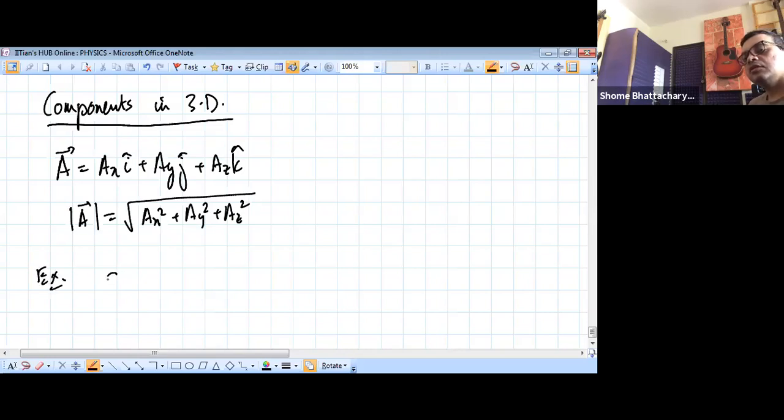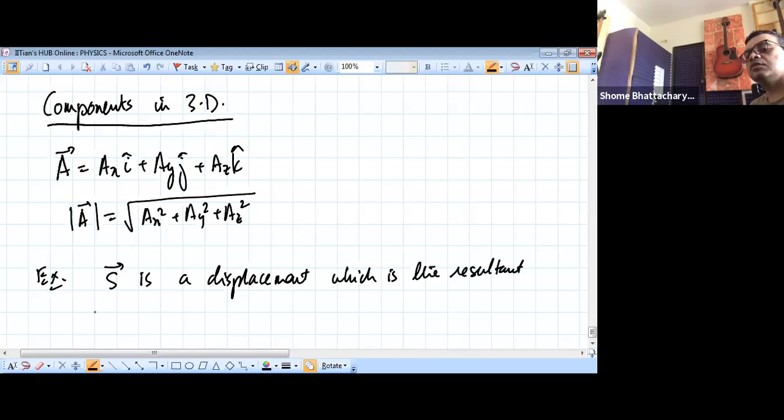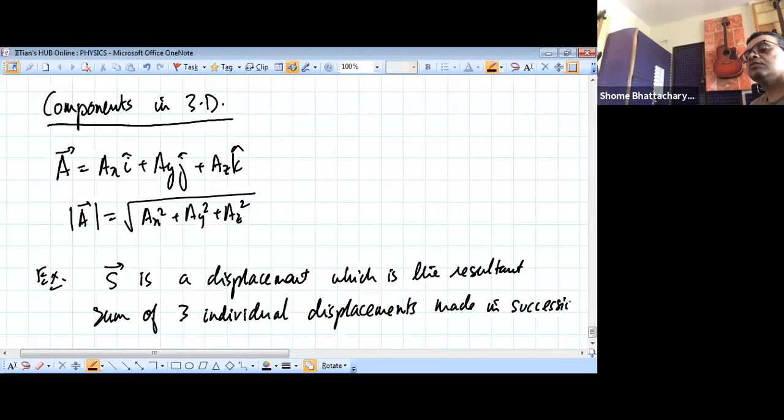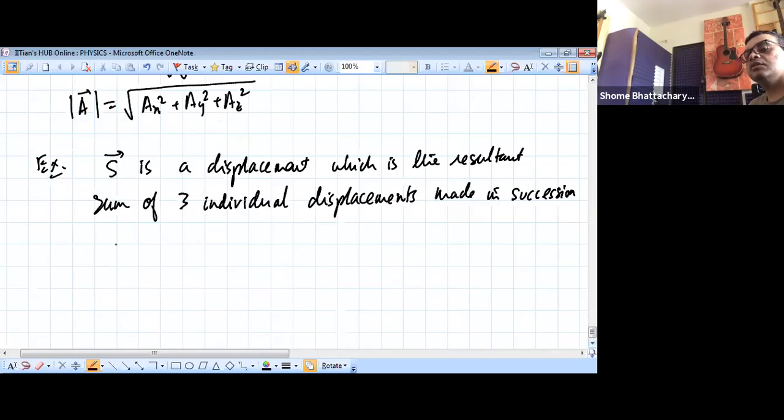So for example, S is a displacement which is the resultant sum of three individual displacements made in succession, wherein, let's say, S1 was the displacement of, let us say, 10 kilometers towards east.